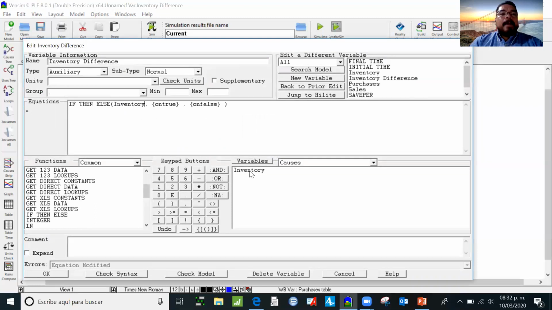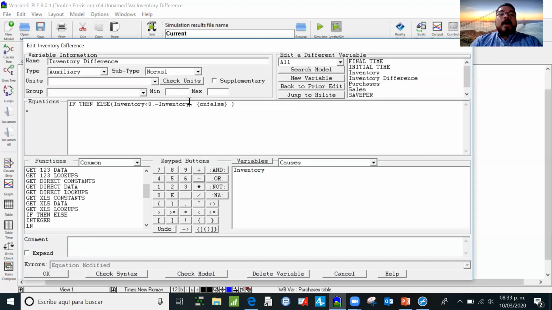I'm going to use the variable inventory. So when the inventory is less than 0, we're going to establish that the value of the inventory will be minus the same variable. So if the inventory is negative, I need to establish that the inventory difference is the positive value of that negative value.